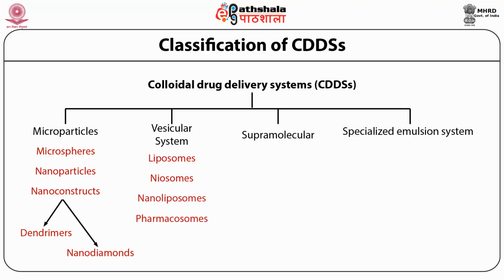Among supramolecular systems, we have micelles. Micelles can be surfactant based, or polymer based. Under the category of specialized emulsion systems, we have microemulsions and nanoemulsions. Both of them are the same; the main difference is their size and their composition.